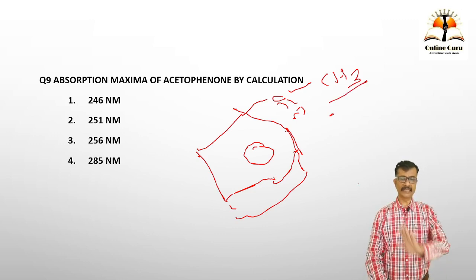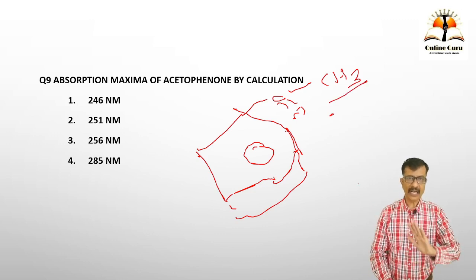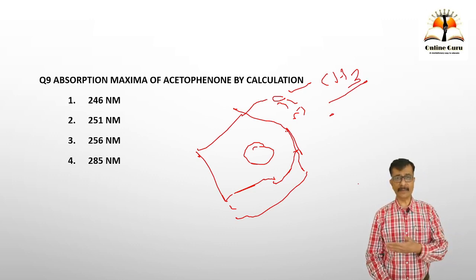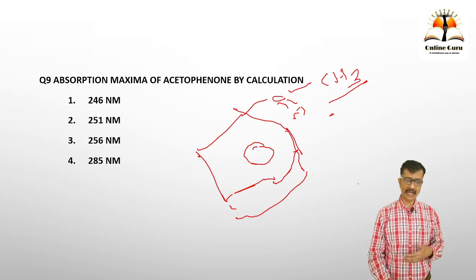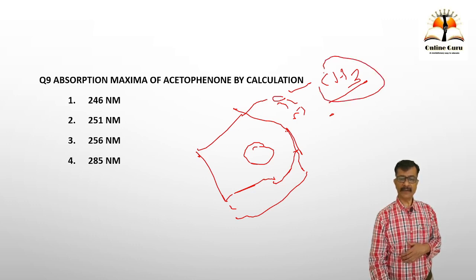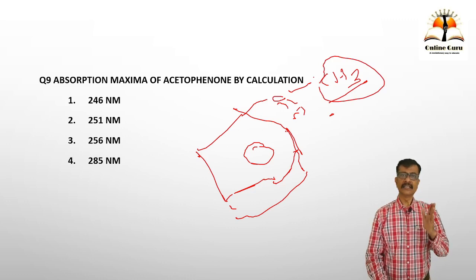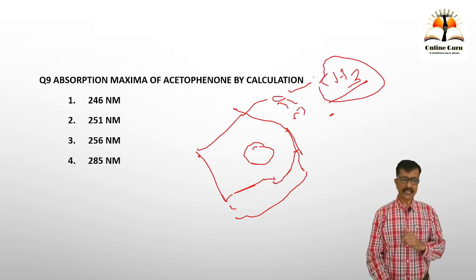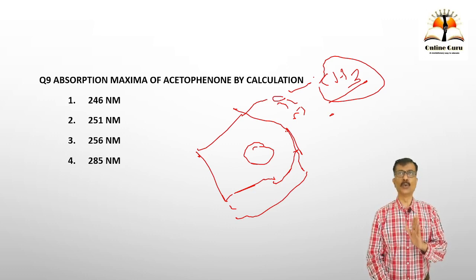Now if you look at this, this is a typical aromatic system. So one should recall how to calculate lambda max for an aromatic system. In an aromatic system like this, aromatic C double bond O X, if X is an alkyl group or ring residue, it becomes an aromatic ketone, right?